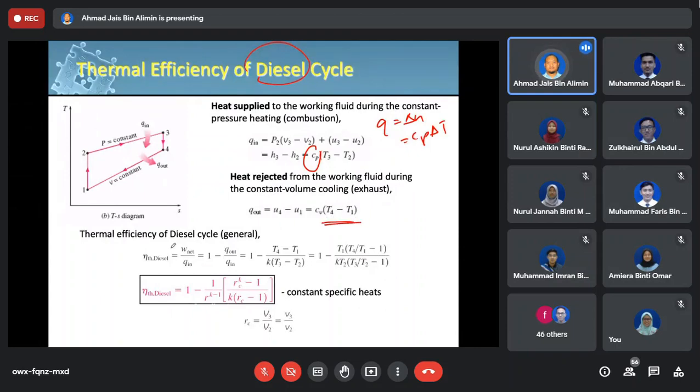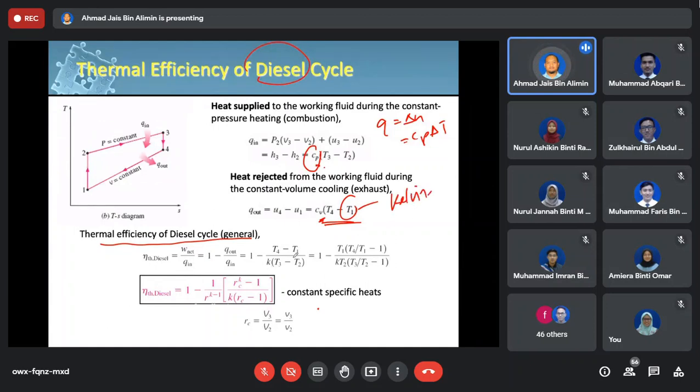So that's why when you derive the thermal efficiency for the diesel cycle, it is greatly different from the thermal efficiency for the Otto cycle. So you can see here, this is a bit longer. Okay, why? Because it involves Cp and Cv. Each of these carries the same definition as before. r is still the compression ratio. So you derive everything back, and again, a reminder, temperature must be in Kelvin.